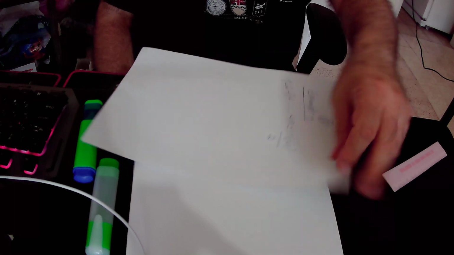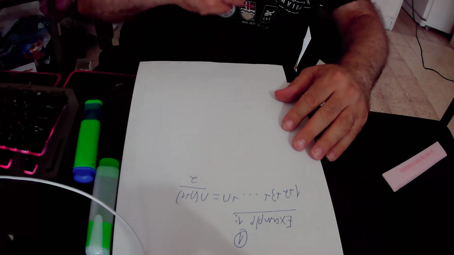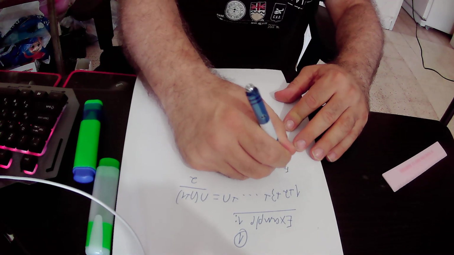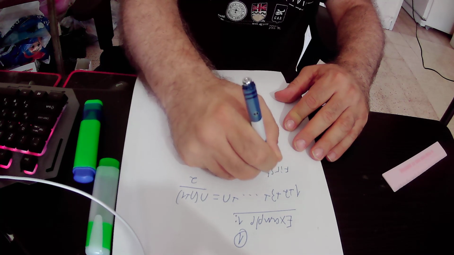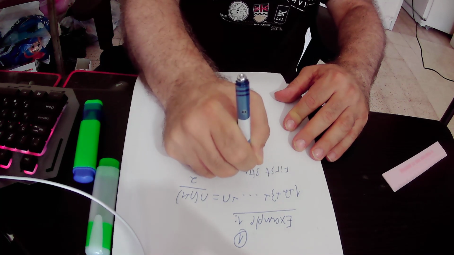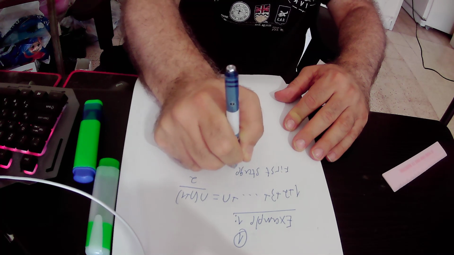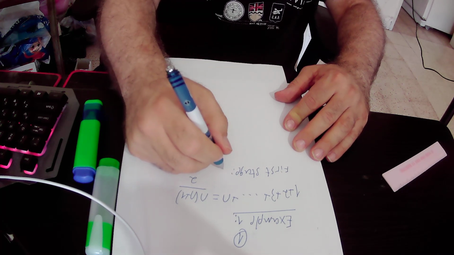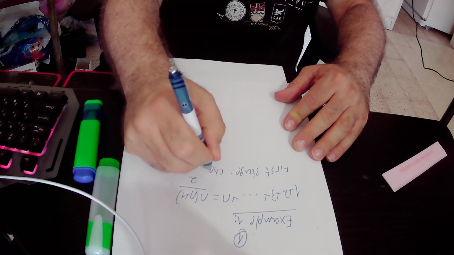So we will start with the first stage, that is to say we will check if the statement is true for n that equals 1.